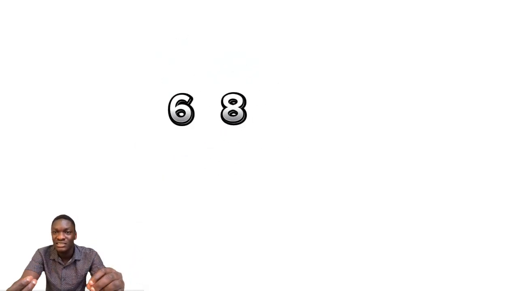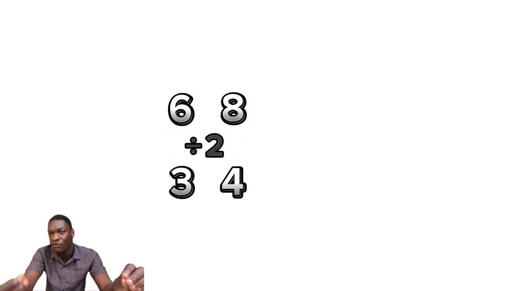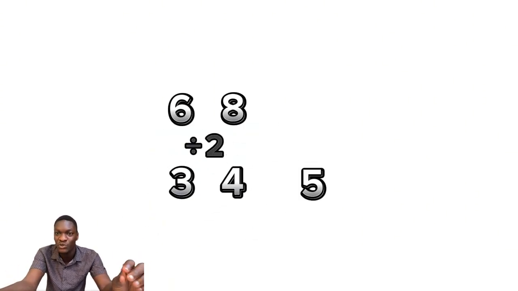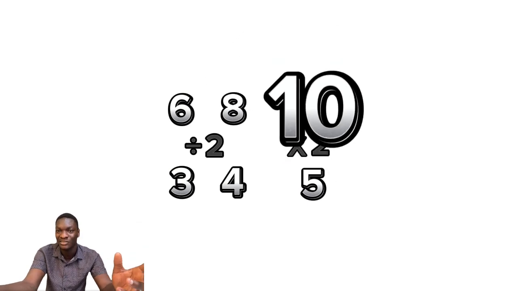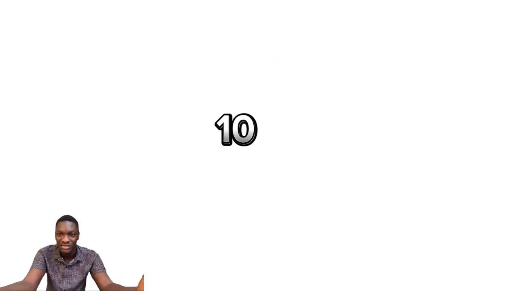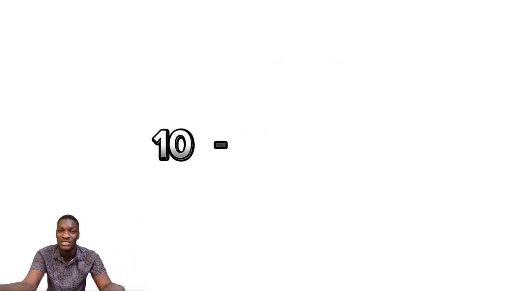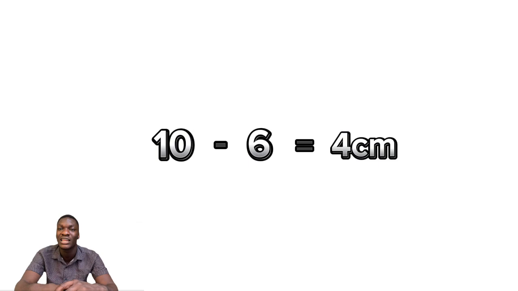You see 6, 8, divided by what? Divide by 2. You get 3, 4. 3, 4, 5. It's a Pythagorean triple, so 5 times 2 is 10. That's the hypotenuse, right? Then you subtract the radius. The radius is what? 6 centimeters. So 10 minus 6 gives you 4 centimeters. And that's the final answer.